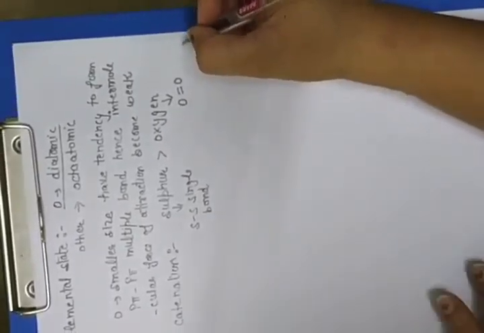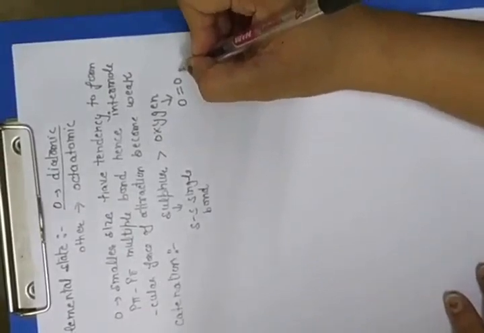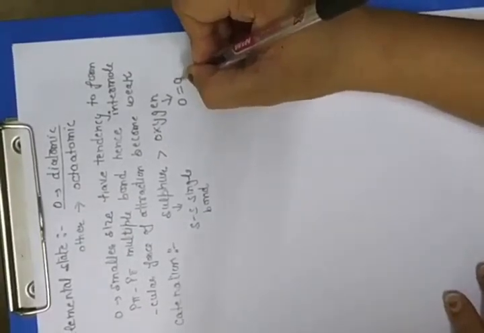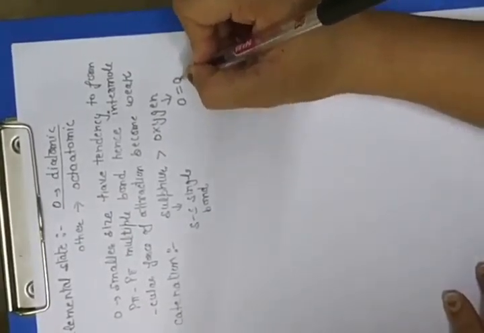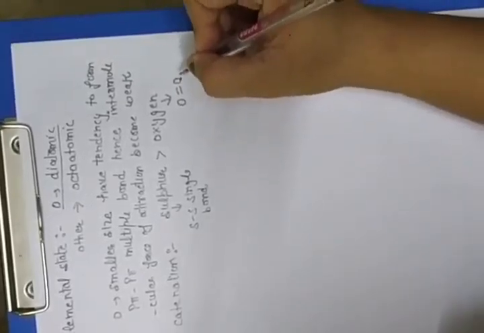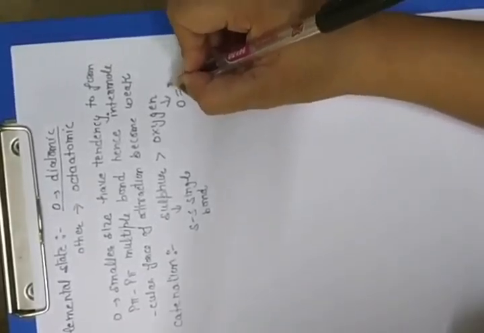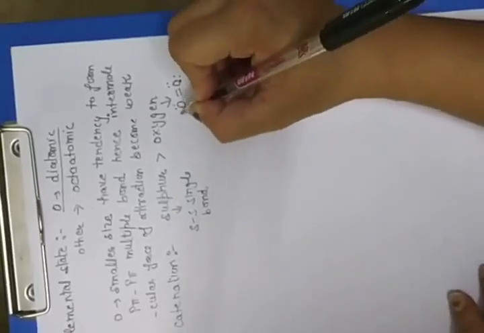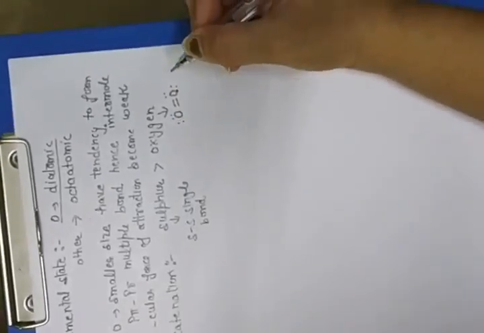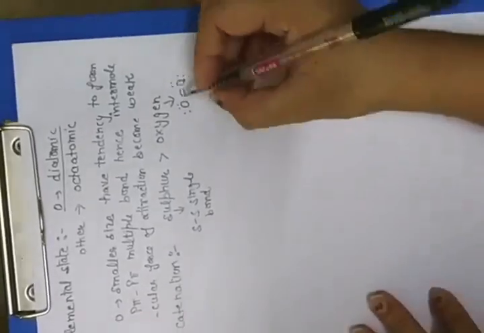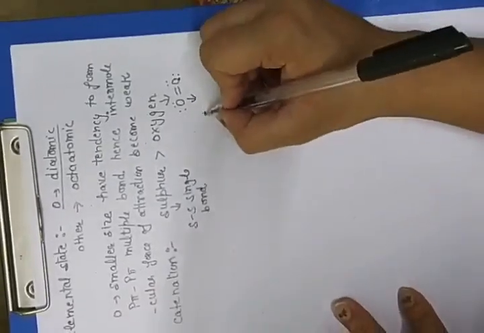Hence, if another oxygen atom comes in contact with these atoms of oxygen, due to their smaller size and lone pair present on oxygen, they start to repel each other. Hence bonding is not strong.